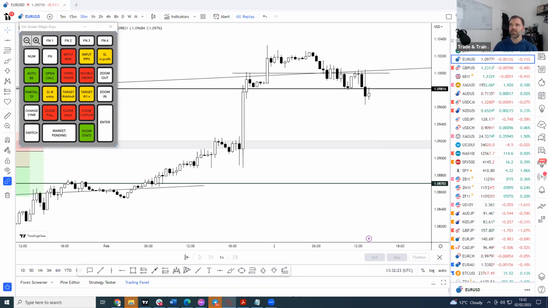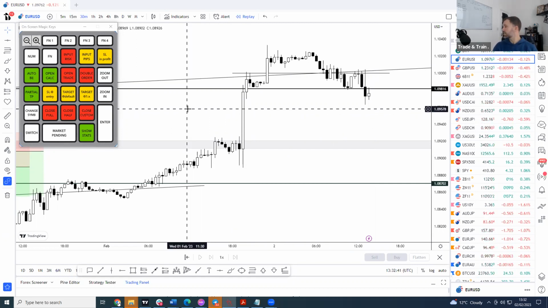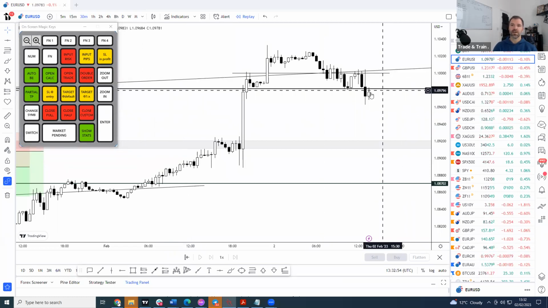So this one, I'll look to scale out relatively quickly, but we'll scale out and we'll add in as it breaks the lows. So we're up 5 pips. There you go. I'll stay live because I'll let you see how I manage it.